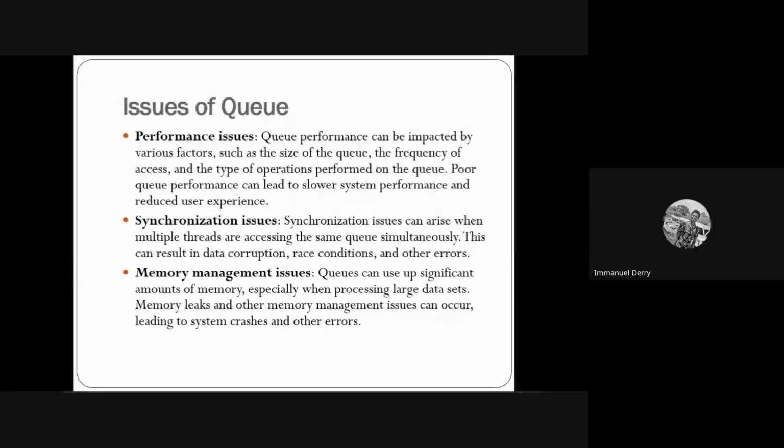Some queues can use a significant amount of memory, especially when processing large data sets. Some of these could be memory leaks and other memory management issues, which can lead to system crashes and several other errors that may arise.